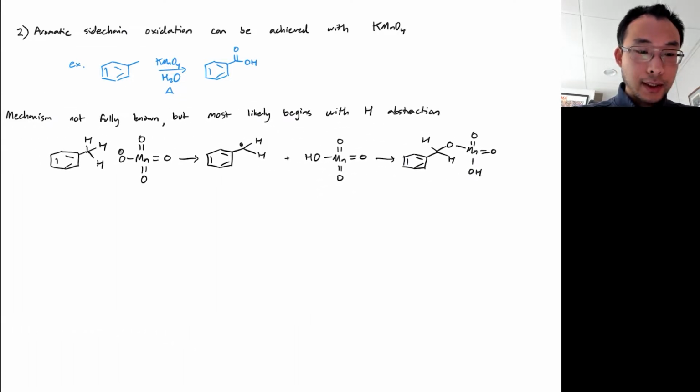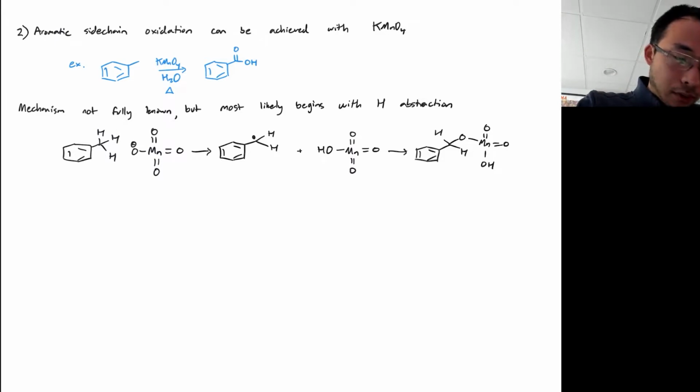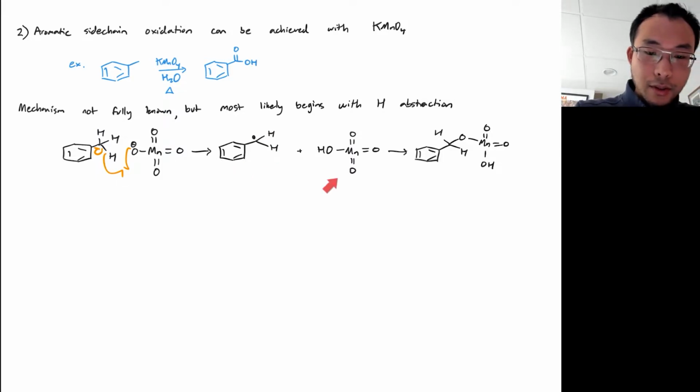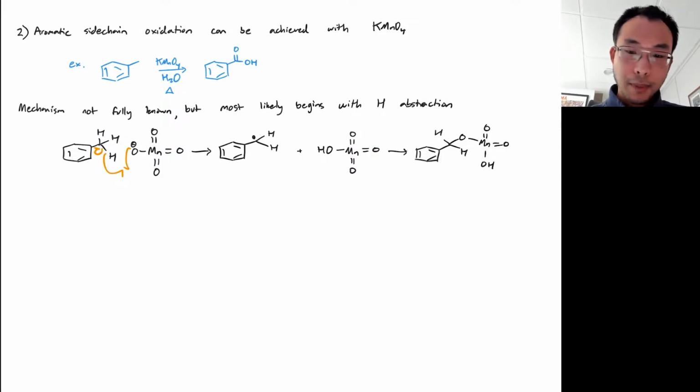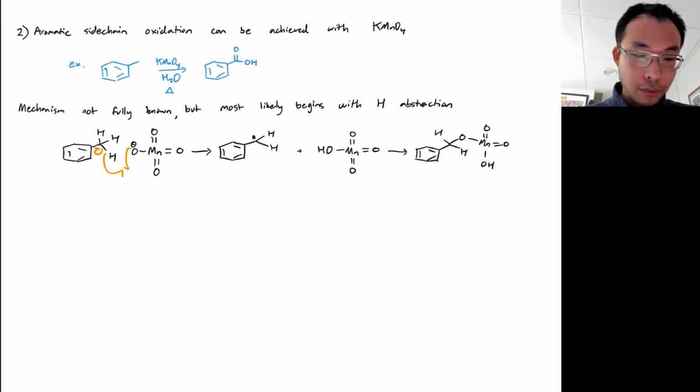The mechanism for this is not fully known, but people have been able to detect that there are free radicals present. And so one hypothetical way this could work might be like this, where we would expect some sort of hydrogen abstraction to take place, thus leaving us with this free radical and this other manganese byproduct, which can then undergo kind of another reaction and eventually somehow get us to what's proposed to be this type of a manganese ester intermediate.